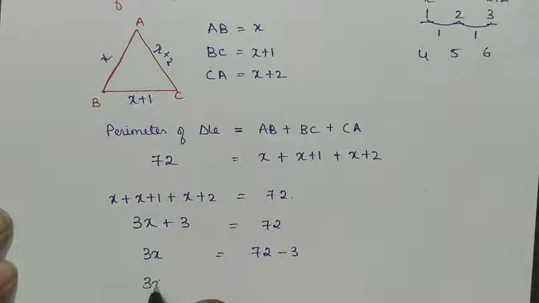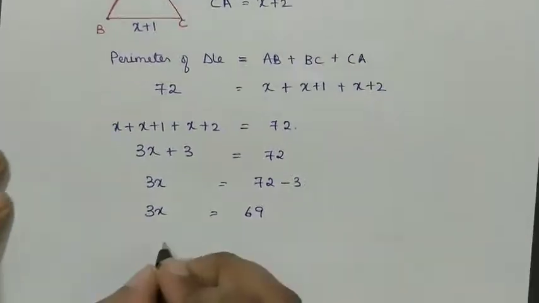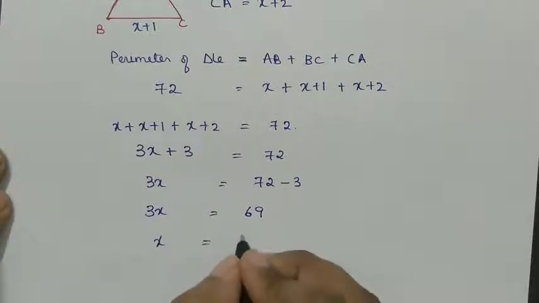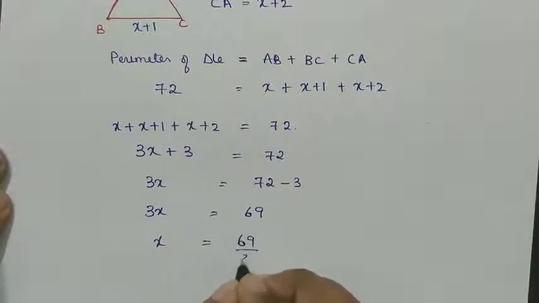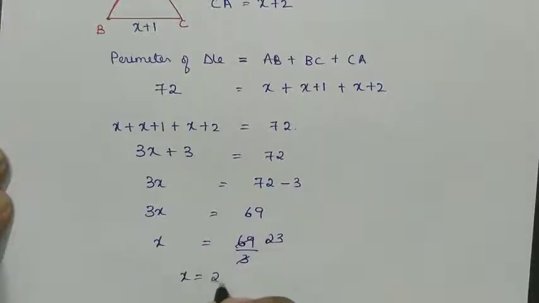Therefore, 3x is equal to 69. x is equal to 69 divided by 3, that is 23. Therefore, x equal to 23 centimeters.